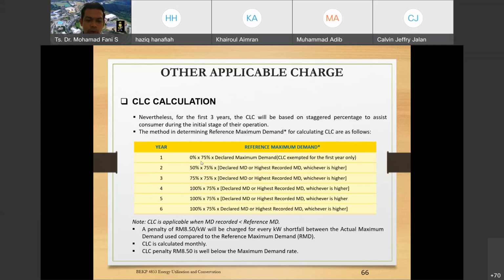So for year 1, they do not consider any operation, 0%. For year 2, at least 50% operation must be run, and 75% for year 3. And for year 4, TNB considers that your plant, your manufacturing and your building has fully operated.